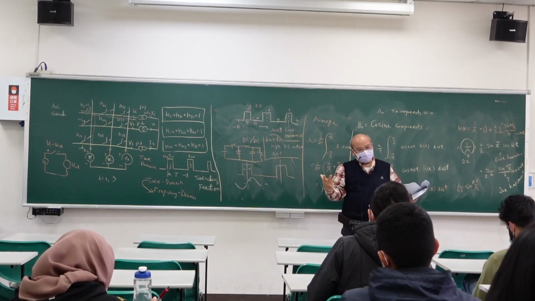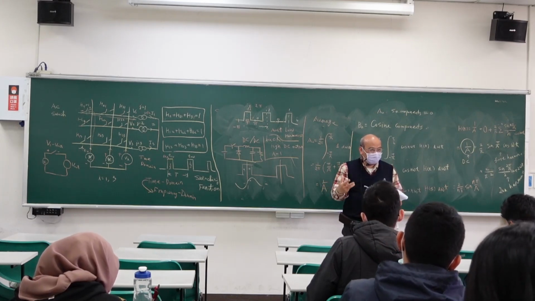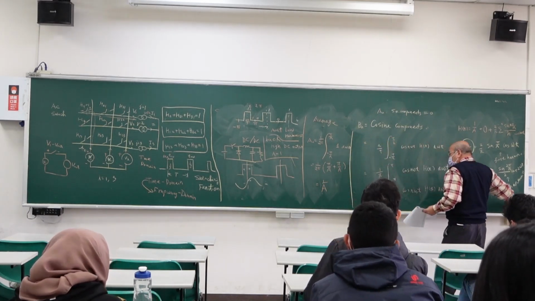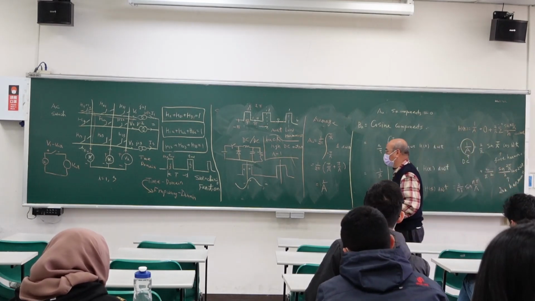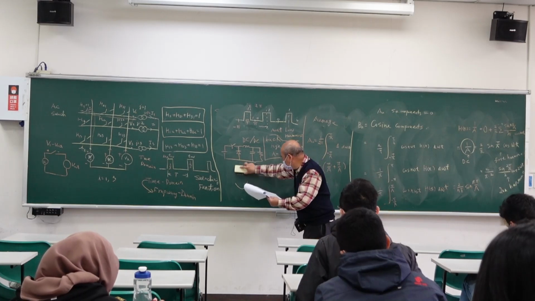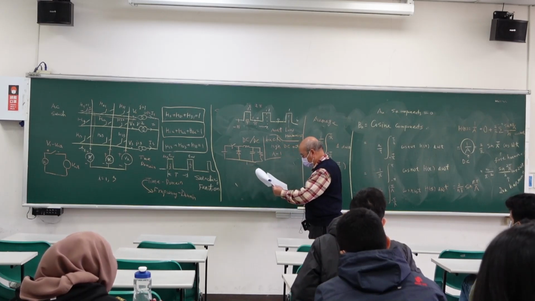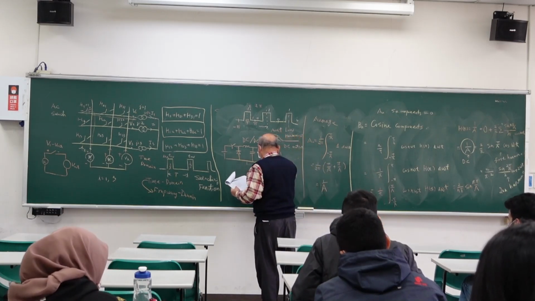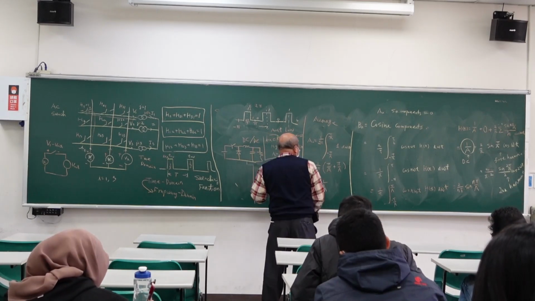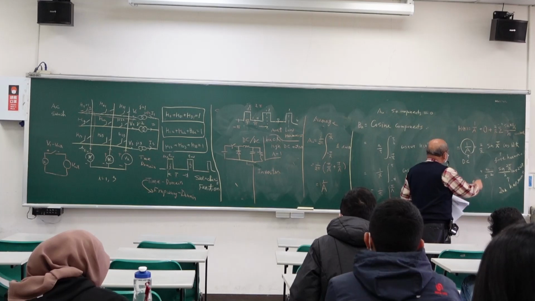So the 60 Hz should be small. 120 Hz should be small. But the DC value should be very high. On the other hand, if you design inverter, do you like DC?